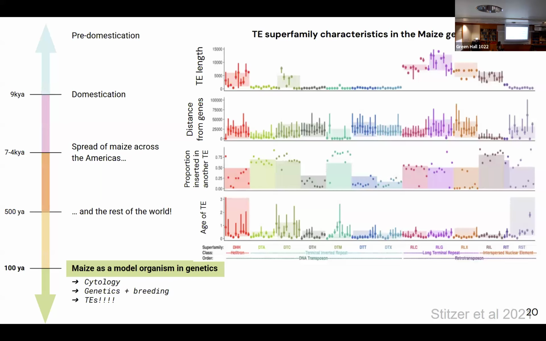But let's focus on just the first panel, which is TE length. I find it particularly striking how variable TE superfamilies are in length. Some of them are only a few hundred base pairs long, whereas others are several thousand base pairs long. My key point here is that TEs, even within a single genome, even within a single superfamily, are incredibly variable in what they're doing, how they're doing it, and where they're located.